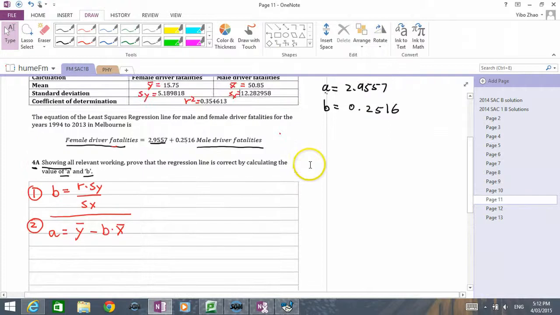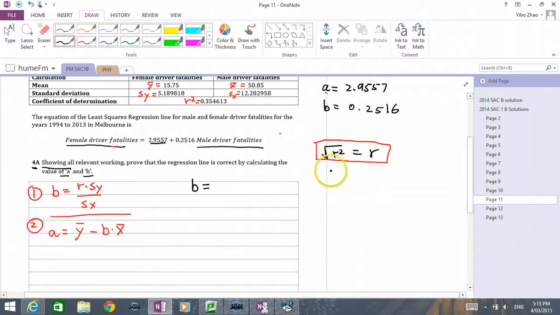Now, from those data, I can put the values in. The first value in the formula is r. I don't have r, I have r squared. So what I do is square root r squared to find r. If you don't know that, write it down in your knowledge book as a formula: if you know the r square value and you want to find r, you square root r square, so we have r.